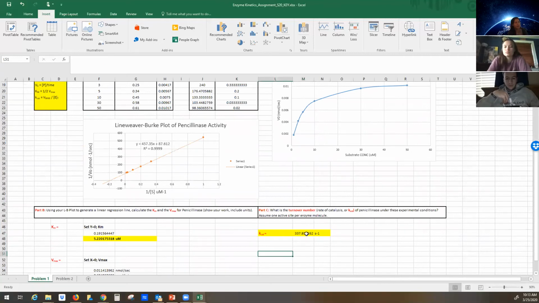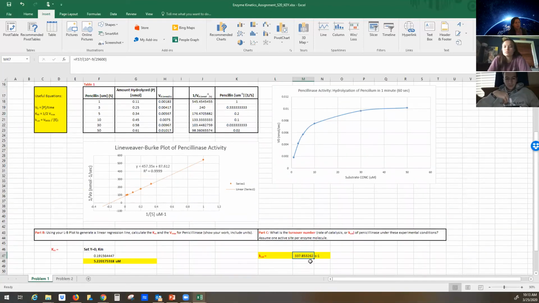The Kcat is really interesting because, as I was telling Cheyenne, Bailey, and Jamie, when you're looking at the rate of catalysis, you're trying to figure out how quickly one molecule of enzyme can turn substrate into product.